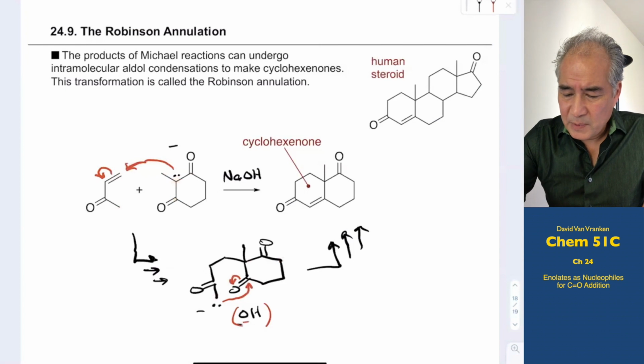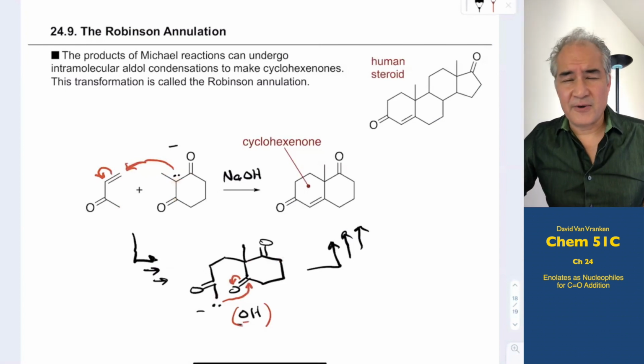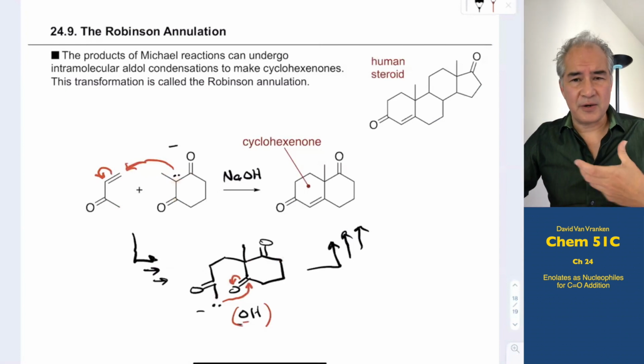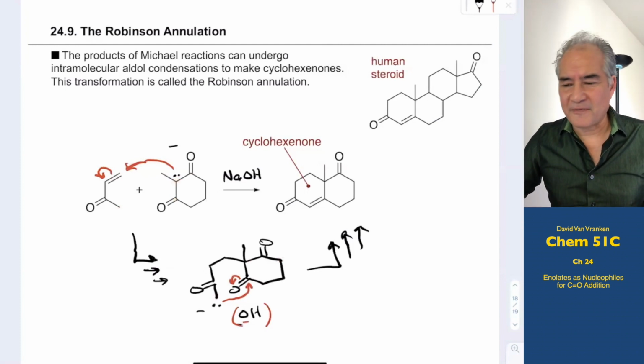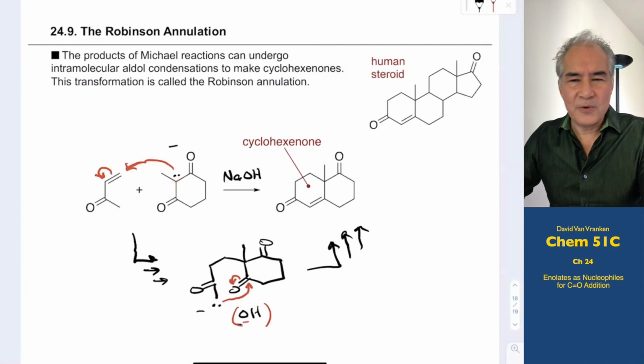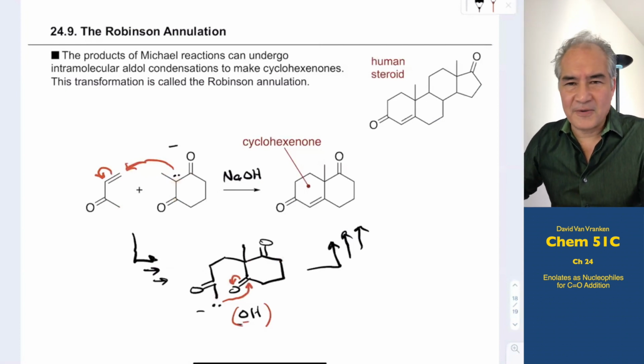Why was this important? Because when people were searching for ways to synthesize steroids, and we now have some steroid drugs that are prescribed that are synthesized through total synthesis, that don't come from Percy Julian's Glidden process or the Syntex process, where you isolate steroid starting materials from yams or soybeans.